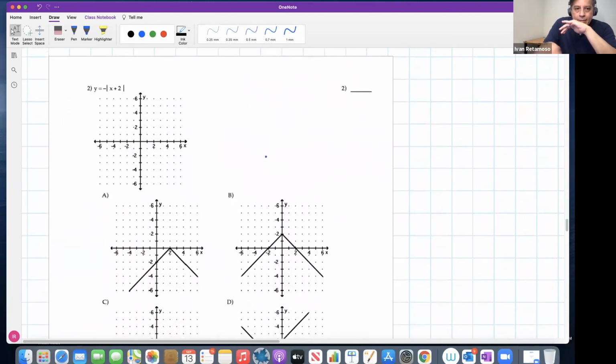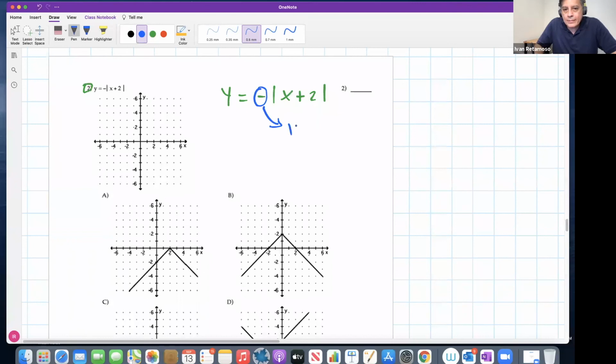Could you figure this out? Number 2. y equals negative x plus 2. Here we are dealing with reflection, the negative sign up front, right? Let's use a different color.